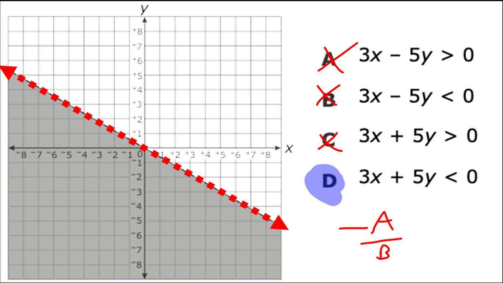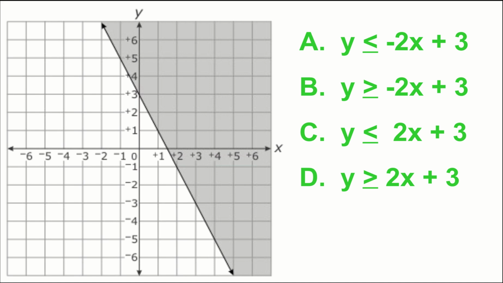Like I said, do the easy stuff first. It makes things go smoother usually. All right, so let's try again. This one is slope-intercept form, probably a little bit easier. Everyone got it?